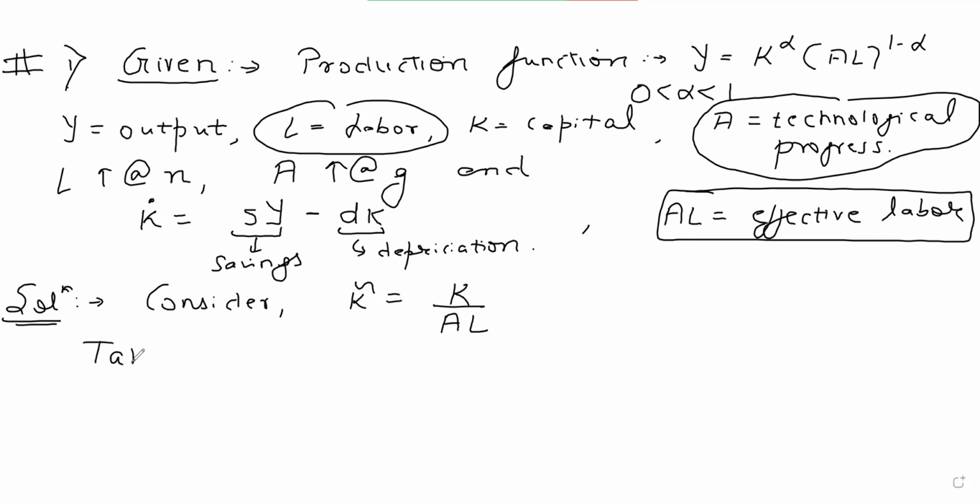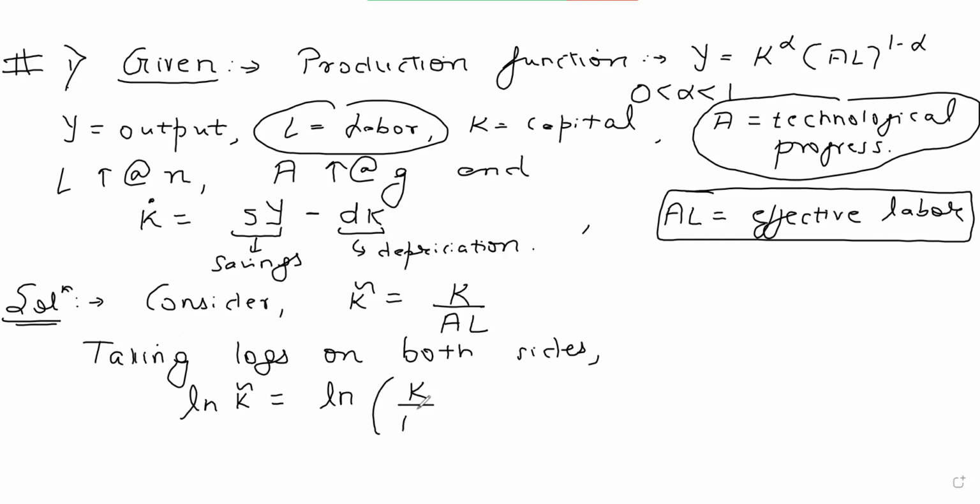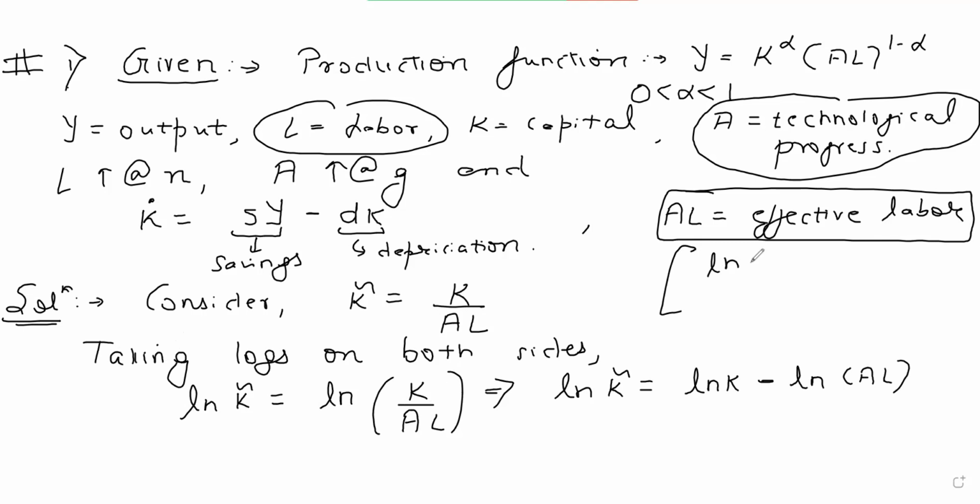So taking logs on both sides, I can write ln k tilde is equal to ln k by AL, which implies ln k tilde is equal to ln k minus ln AL. Using properties of logs, ln of x by y is equal to ln x minus ln y.